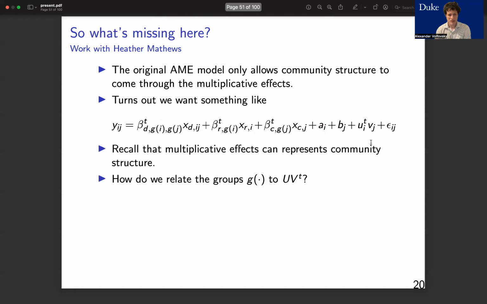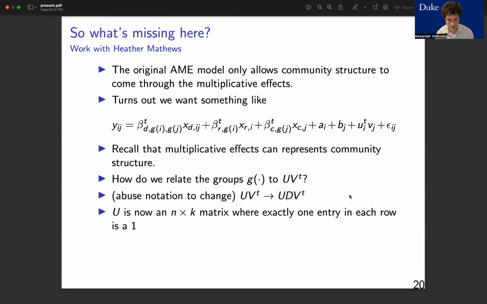So if we do that, we need to relate this, right? And we'll first abuse notation a little bit and change this UV transpose to UDV transpose. We'll do that just because we're going to think about the U's as being binary matrices. And so we might want a little bit more variability, which will allow us to introduce this diagonal matrix, or maybe not even a diagonal. Now we'll think about the U's as being an n by k matrix, where exactly one entry in each row is a 1.